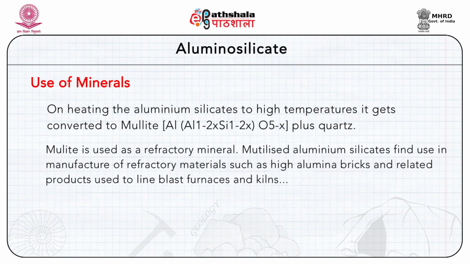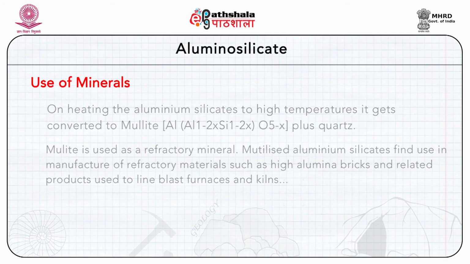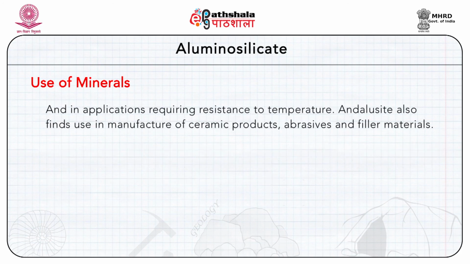Mullitized aluminum silicates find use in the manufacture of refractory materials such as high alumina bricks and related products used to line blast furnaces and kilns, and in applications requiring resistance to temperature. Andalusite also finds use in the manufacture of ceramic products, abrasive and filler materials.